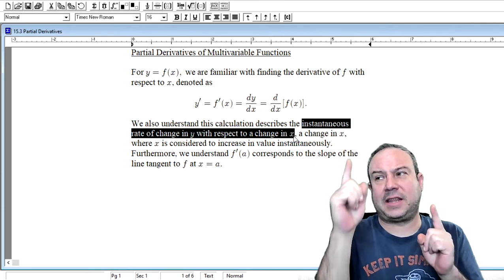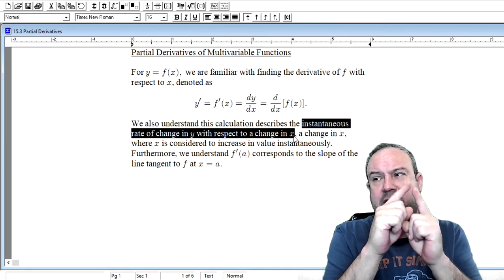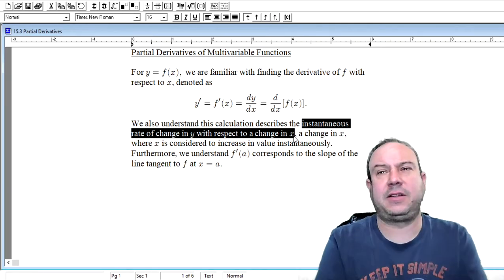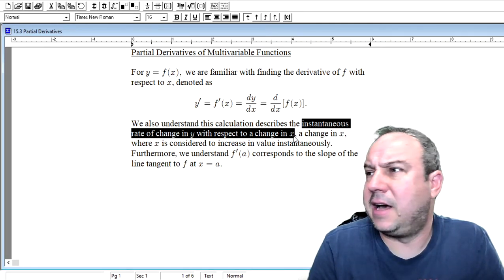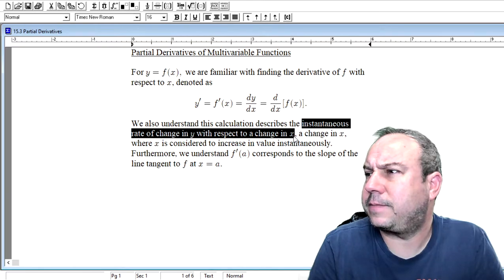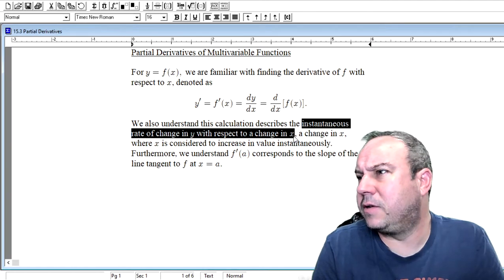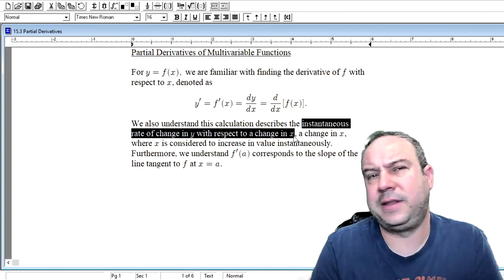As those 2 points approached each other, what you ended up calculating was the slope of the tangent line on that curve. That limit behavior described the slope of the tangent line in that scenario.